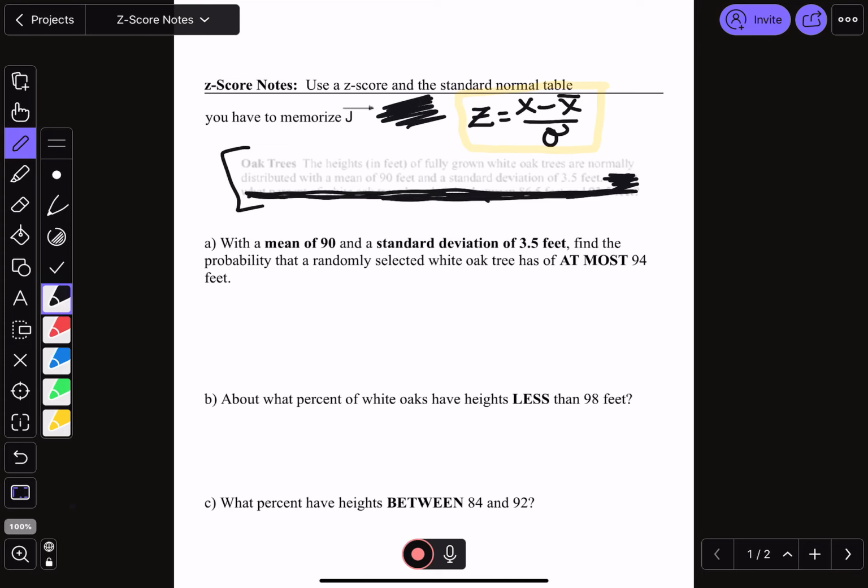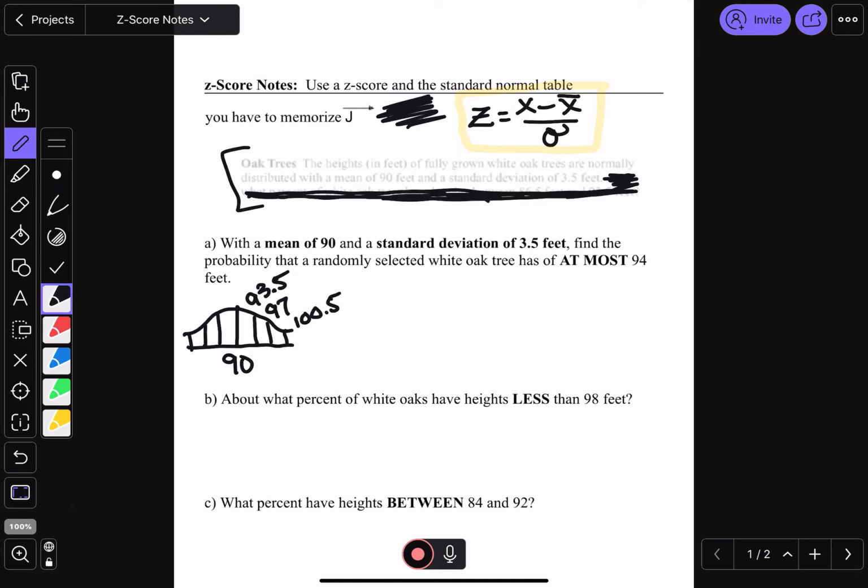All right, so what I'm going to do first is set up my normal curve. Okay, so my mean is 90, and then you can draw your 3 lines to the right, 3 lines to the left. Our standard deviation is 3.5. So we're going to take 90 and add 3.5 every time we go to the right. The first line is 93.5, add 3.5 again, you get 97, add 3.5 one more time, and you get 100.5.